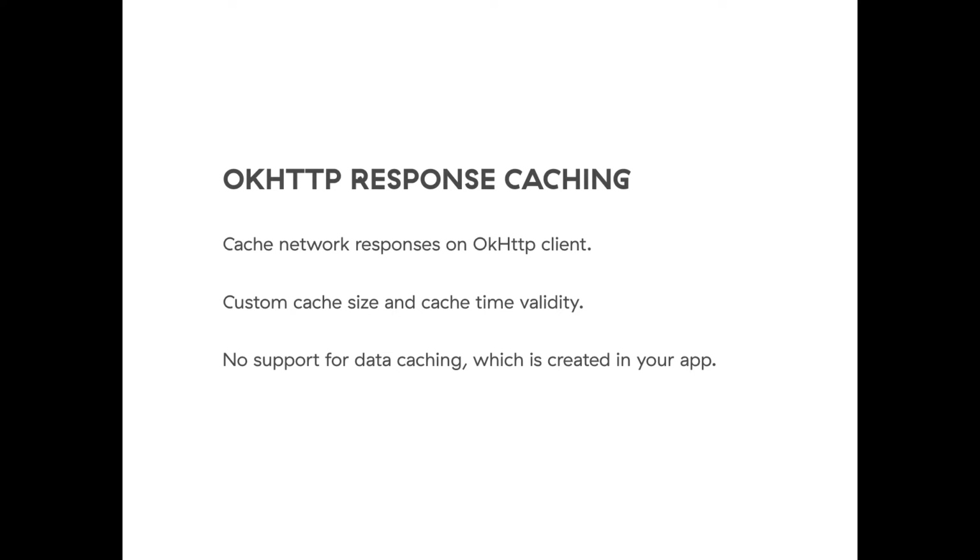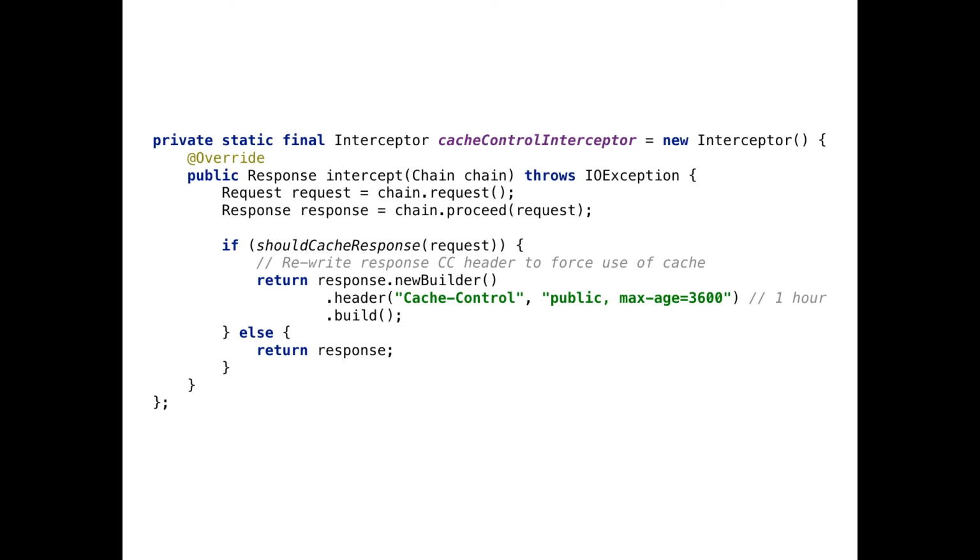This component has two major advantages and two major disadvantages. The first advantage is that the implementation is really simple. You just add a cache control header to your OkHttp client. You can either add this header to an individual API call, or you can define some global interceptor which will add this header to all of your network requests.